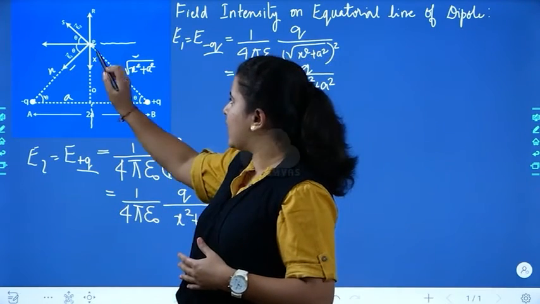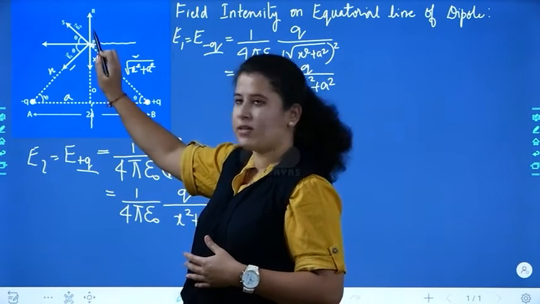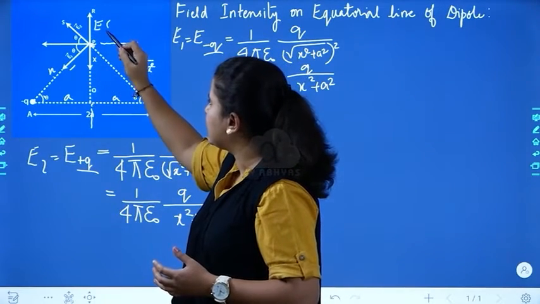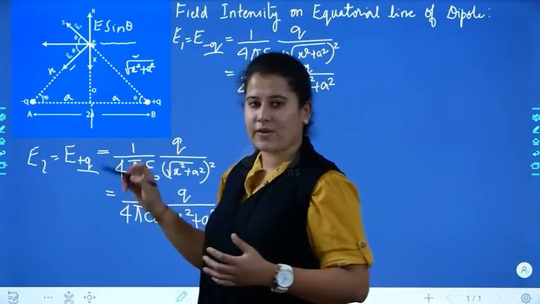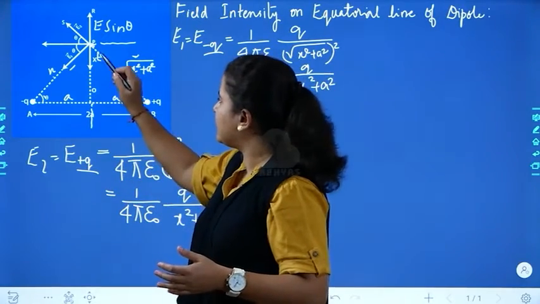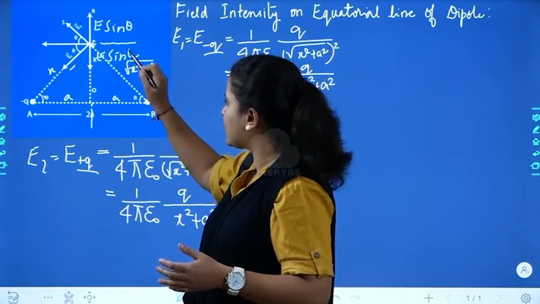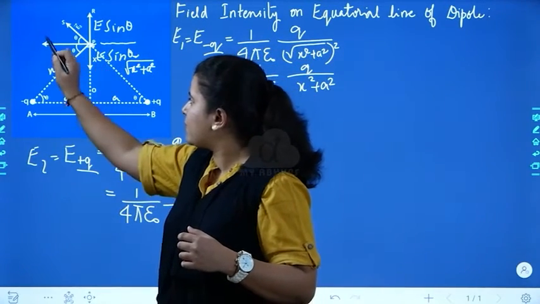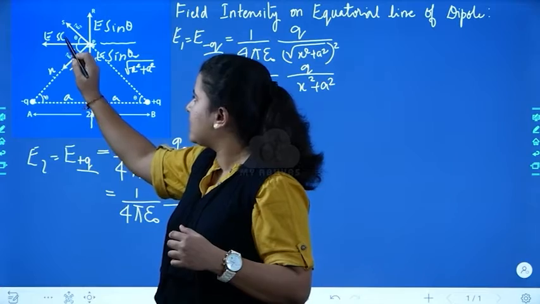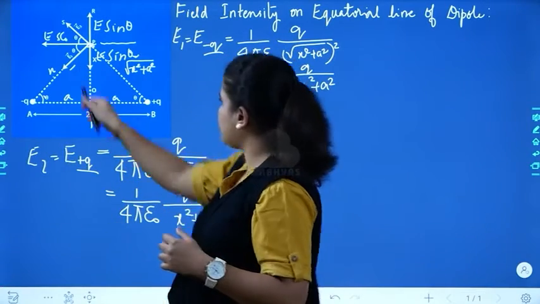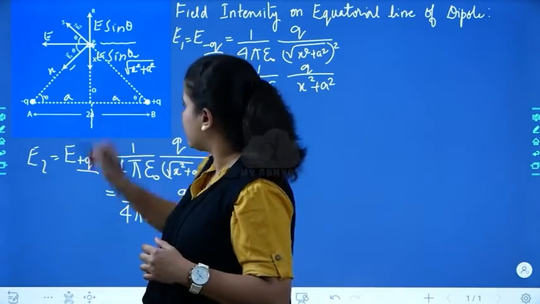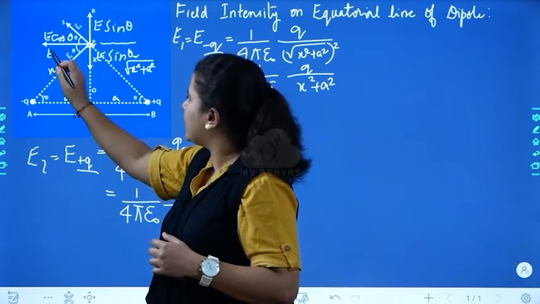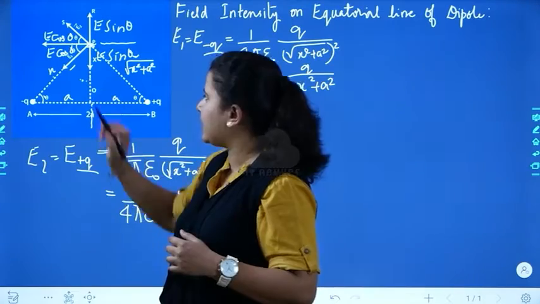So when I use it, what happens? I'll get an R vector here, that is a resultant vector, or I can just take this as E sin theta, and towards X I'll get E sin theta again due to minus Q charge. This is for plus Q charge and that is for minus Q charge. But then because of this resultant I get E cos theta, and here also due to minus Q charge you will get E cos theta.